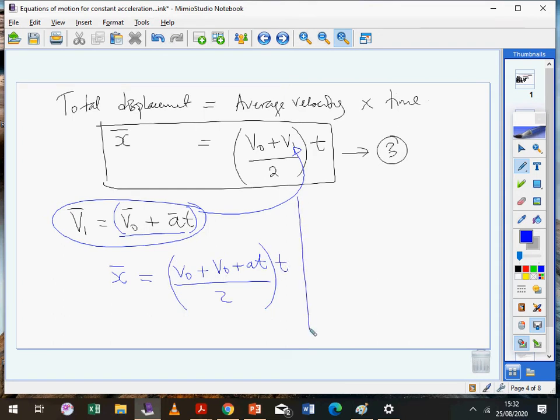And when I simplify that, I'll have displacement x equal to 2v0 t, when the t comes in, plus at squared, all divided by 2, which you can break up into what it looks like there. So I'll have x is equal to v0 t plus half at squared.